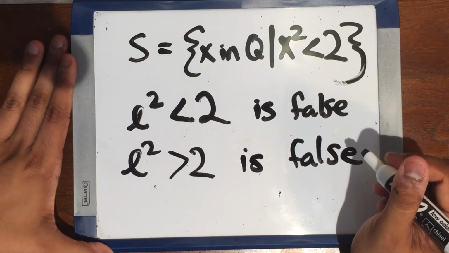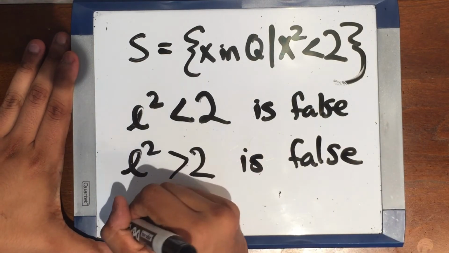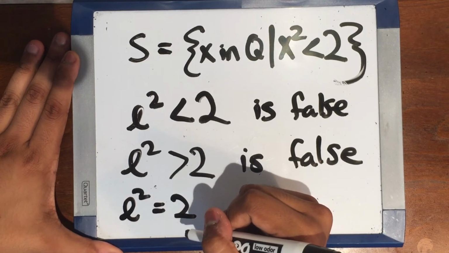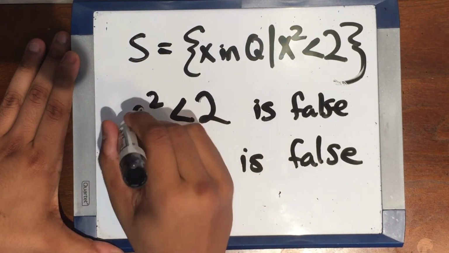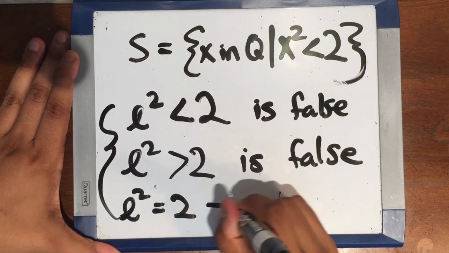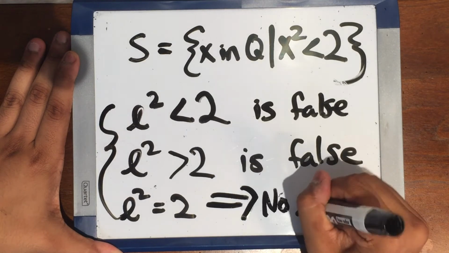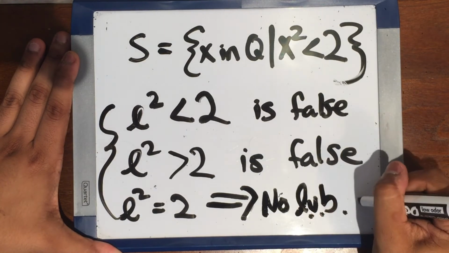So we know that in Q, L squared equals 2 is going to be false. If we show that all of this is true, then it will follow that no least upper bound exists.